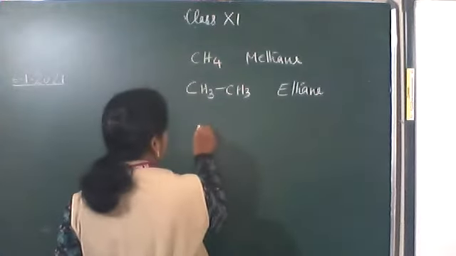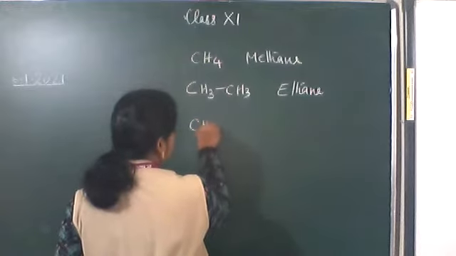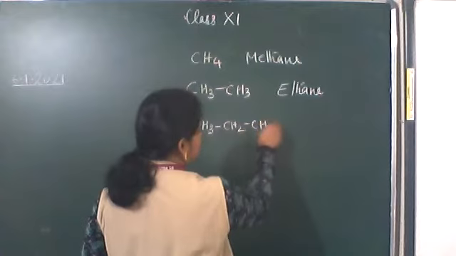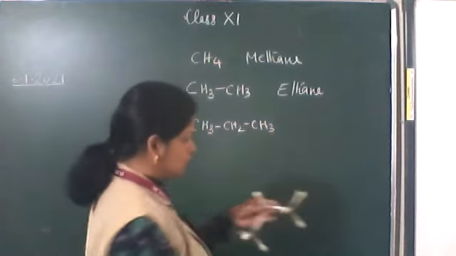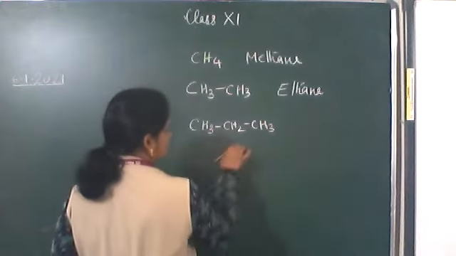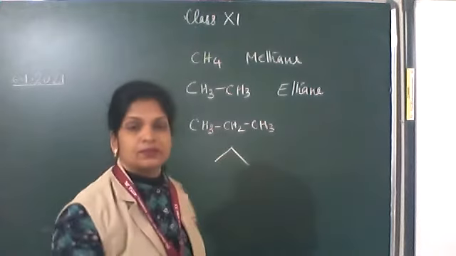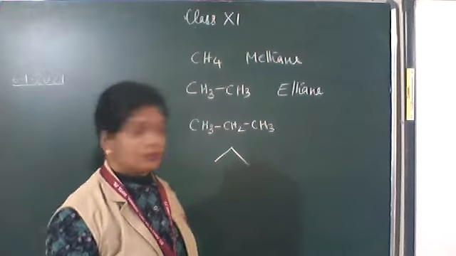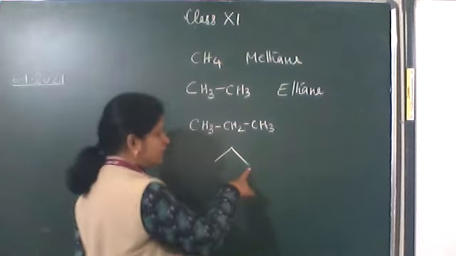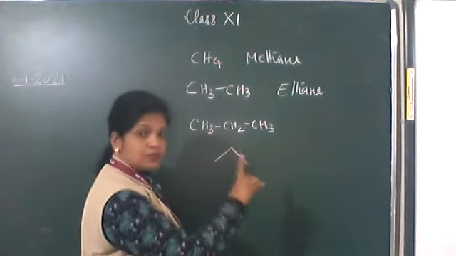So either you can write that as CH3, CH2, CH3, or if you want to show only the bond line, we show it like this. This is propane. This end remains one CH3, the other end remains one CH3, understood.